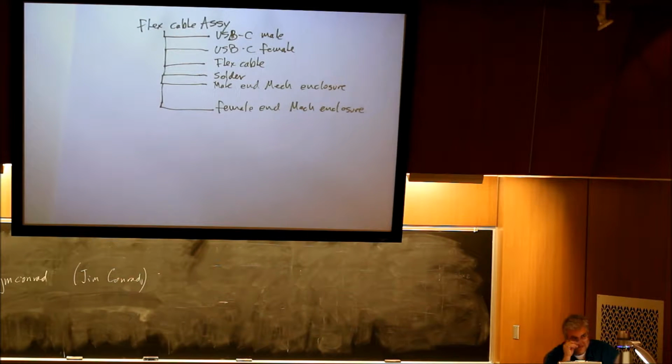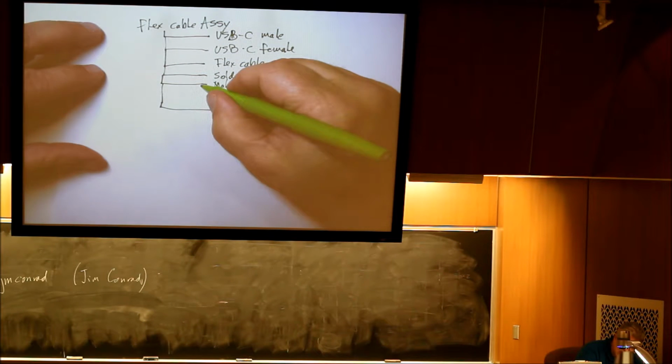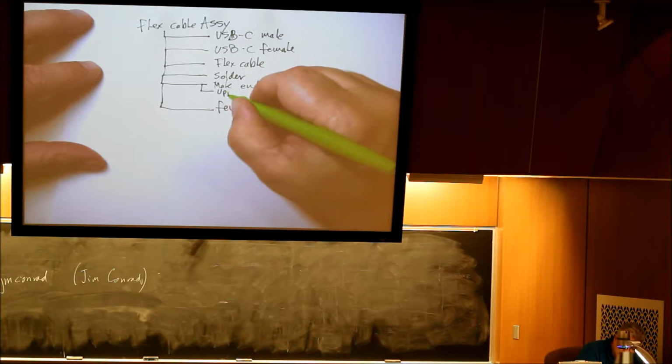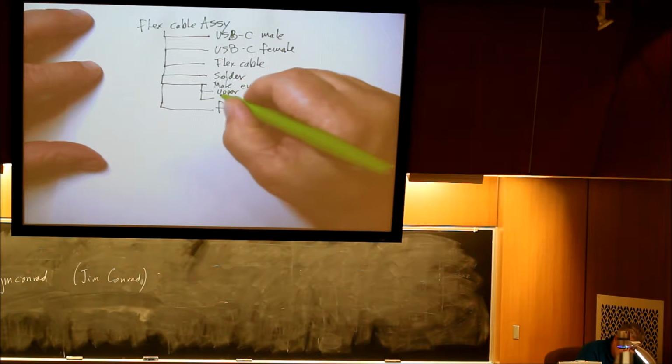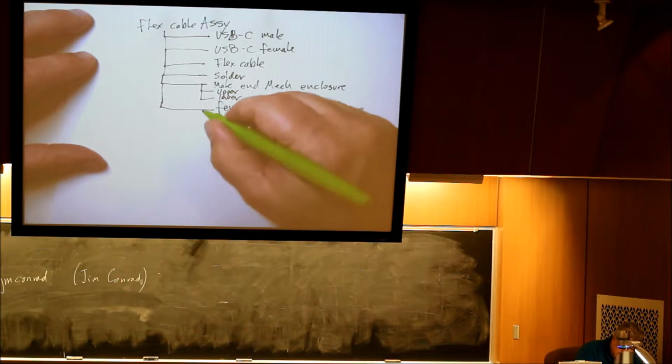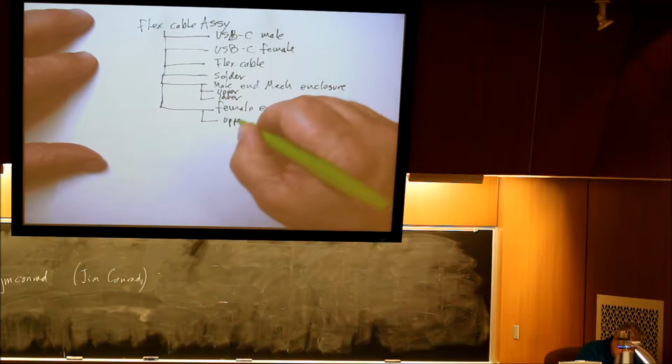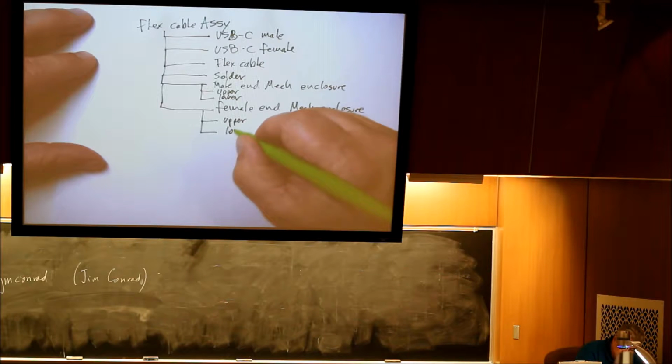So anytime you manufacture anything, it's always better not to use fasteners, especially in something like this where all you need to do is snap it together and it's assembled. So maybe on this we'll say upper part and lower part. So again, we have upper and lower.